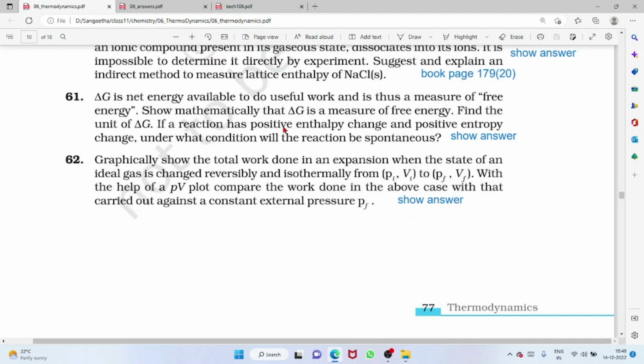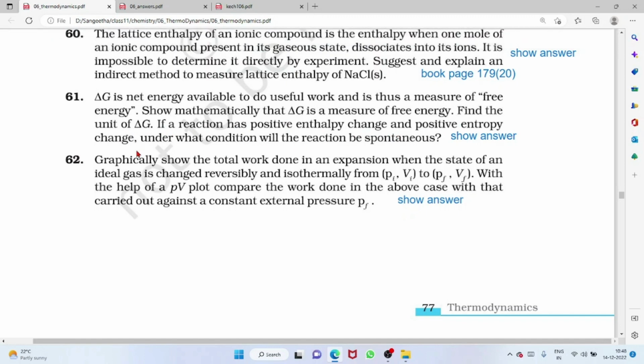If the reaction has a positive enthalpy change and positive entropy change, under what conditions will the reaction be spontaneous? Delta G negative means spontaneous.